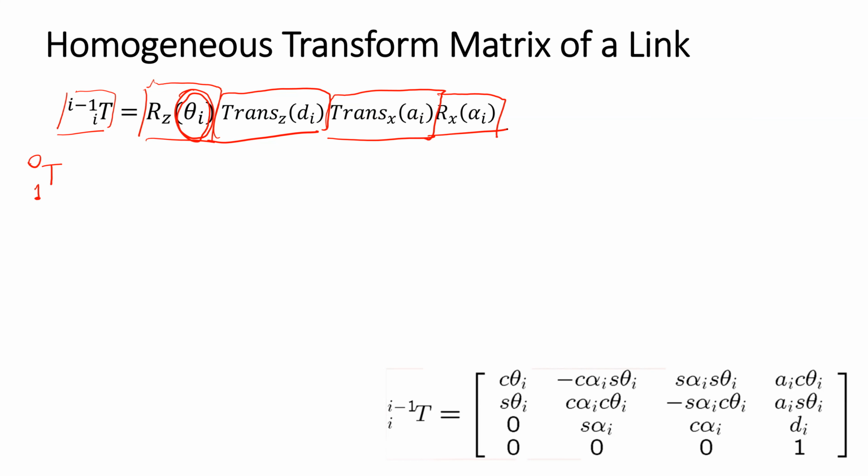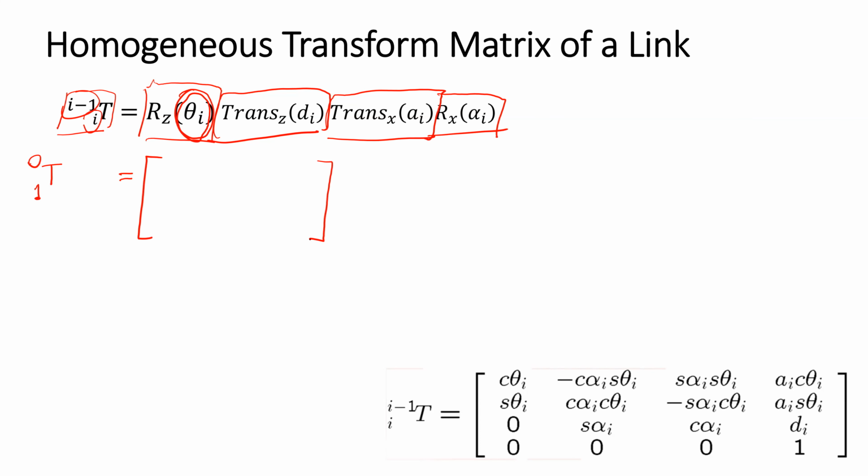We need to perform 4 steps to transform from frame i-1 to frame i. So what is the corresponding homogeneous transform of each step?